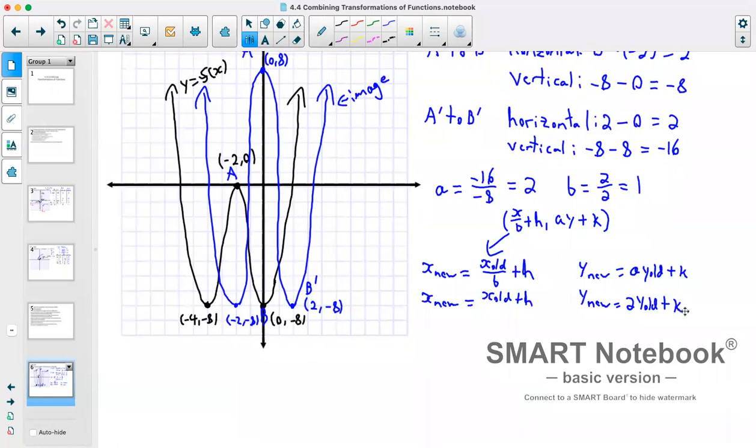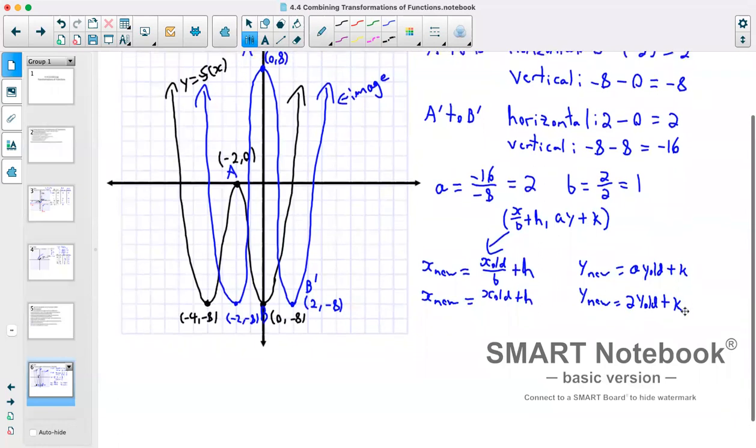At this point, we'll choose points. So for example, I will use a and a prime. We have to use points that correspond. So our a is at negative 2 comma 0, while a prime was at 0 comma 8. So we'll use those in these equations. So our new x value was 0. Our old x value was negative 2 plus h.